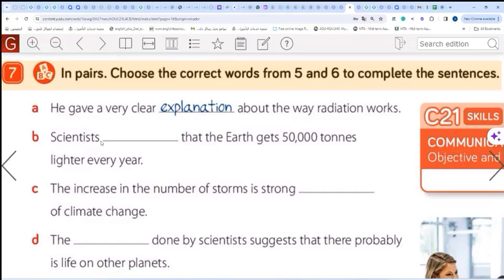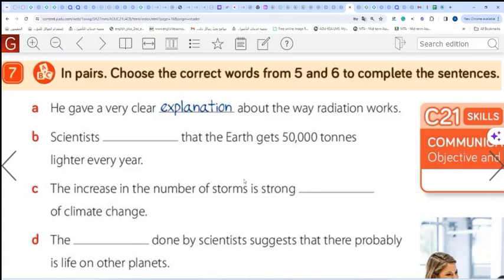So what do you mean by scientists estimate that the Earth gets 50,000 tons lighter every year? They estimated. Yes. The scientists estimated that the Earth gets 50,000 tons lighter every year.